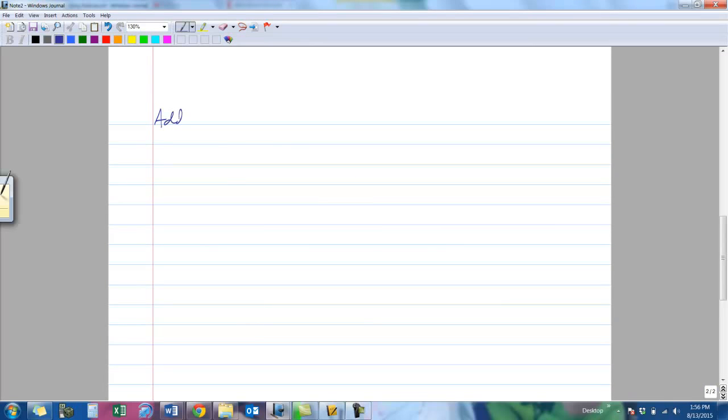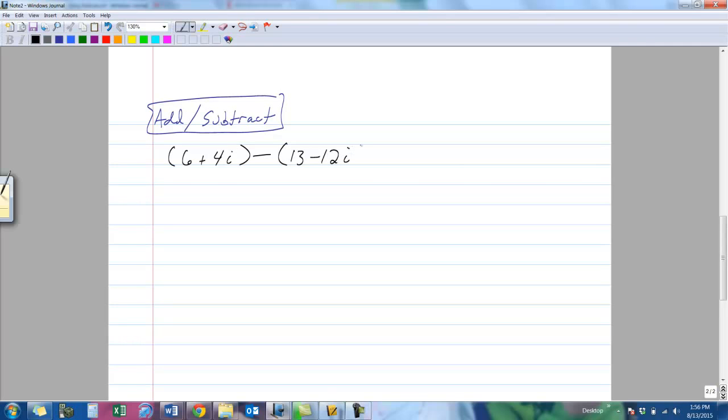Let's do some fun stuff with complex numbers. First of all, let's talk about adding and subtracting complex numbers. I'm just going to do one of these because I'm pretty sure you're going to catch on to this. Parentheses 6 plus 4i minus the quantity of 13 minus 12i. I don't know about you, but subtraction creeps me out.